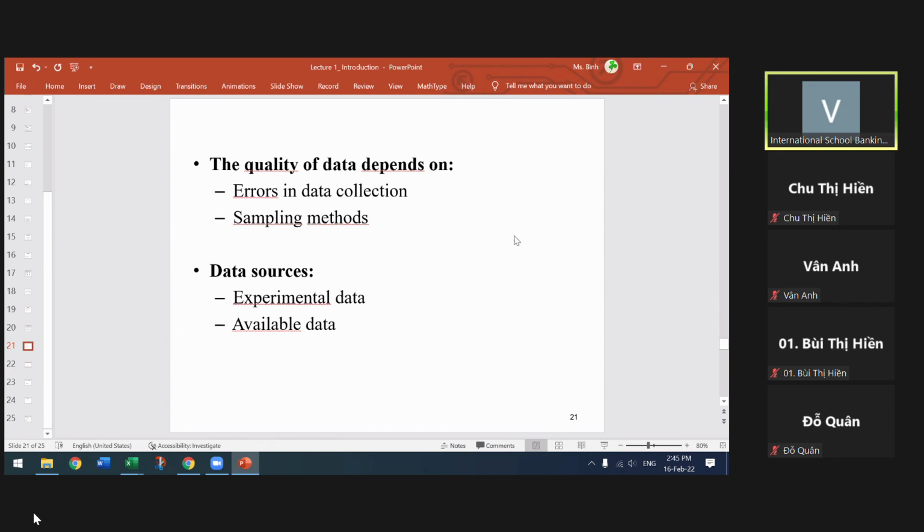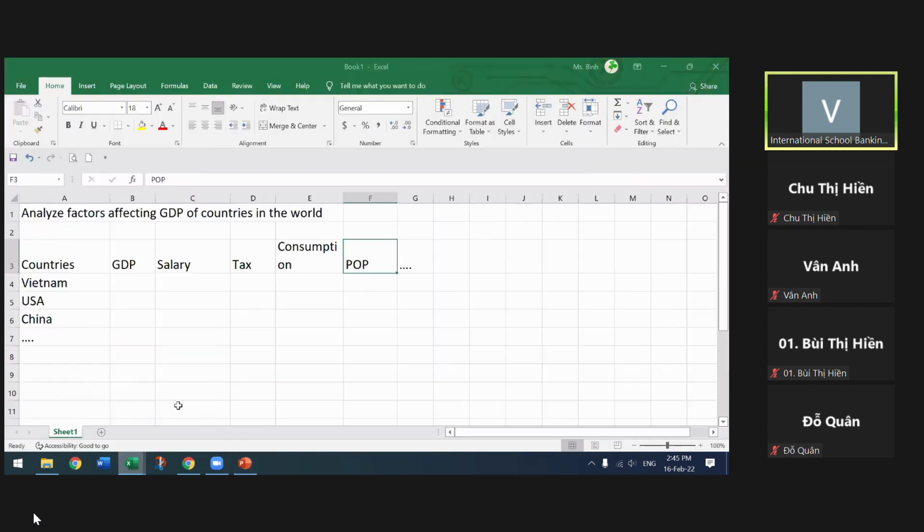For example, you get information on the GDP of countries in the world. When you get GDP of Vietnam from the World Bank data, for the USA you also need to get the GDP from World Bank data. Why?